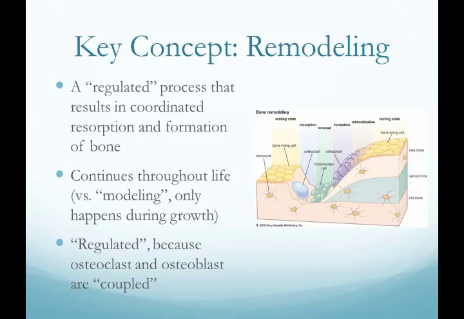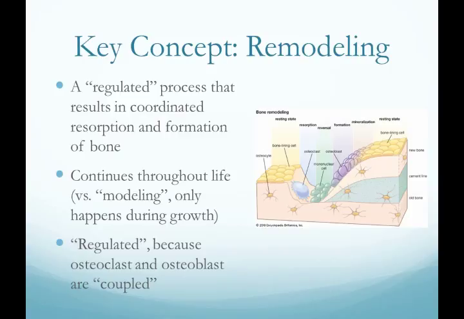And then the osteoblast precursors come in. These are the mononuclear cells that eventually differentiate into osteoblasts. So then the osteoblasts come in and they start building bone. And they start filling up the hole that was dug by the osteoclast. So these two cells are coupled. That's very important, meaning that they work as a couple. One of them comes first and the other one comes afterwards and fills up the gap that has been created.